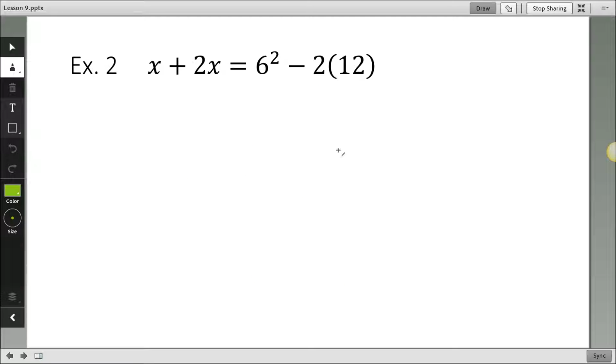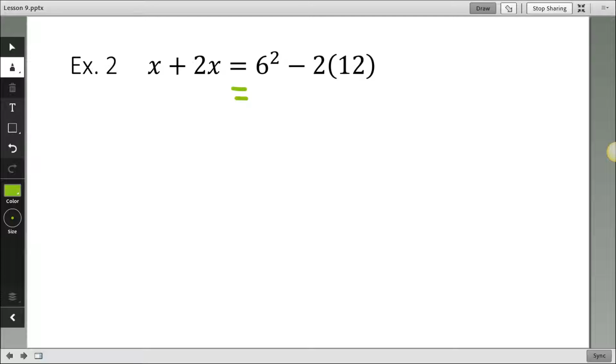Okay, here's our second example. This one is like number 5. So very similar problem. Anytime you have stuff on both sides that will simplify, that's always going to be your first step. So in my first step here, I'm going to combine anything that will combine on both sides. So let's start on the right hand side.